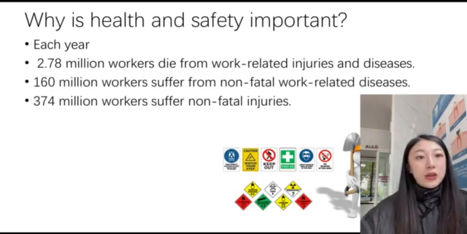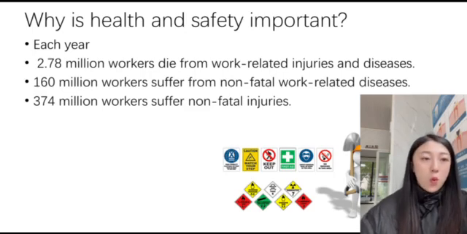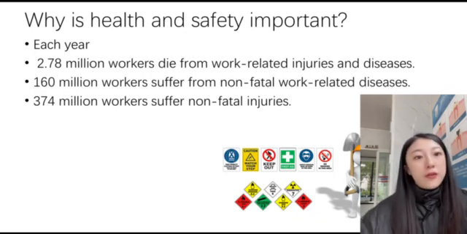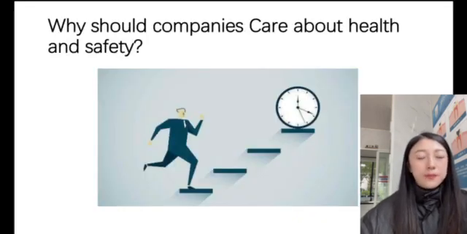According to the International Labour Organization, 2.78 million workers die each year from work-related injuries and disease. 160 million workers suffer from non-fatal work-related diseases. 374 million workers suffer non-fatal injuries.